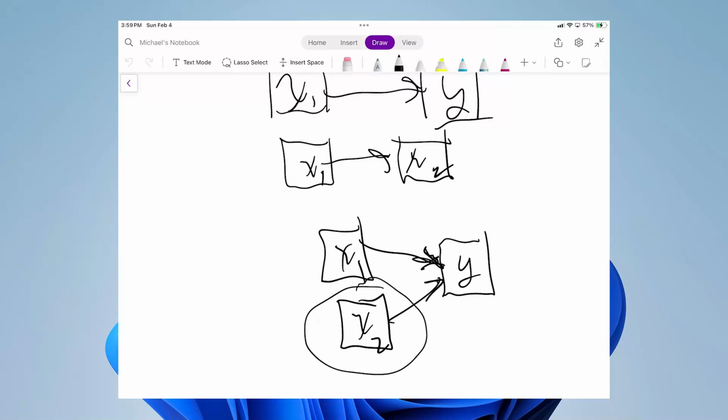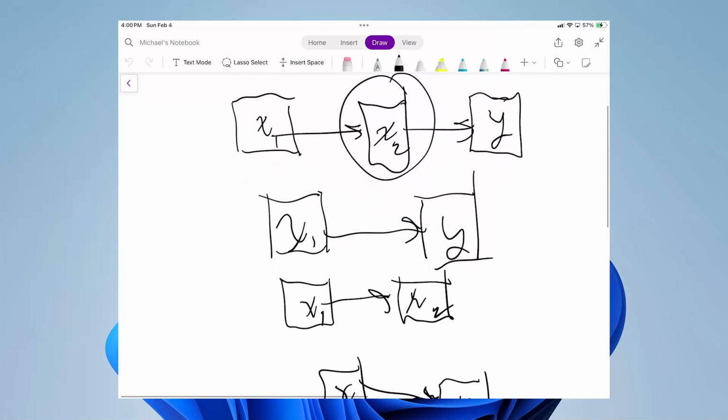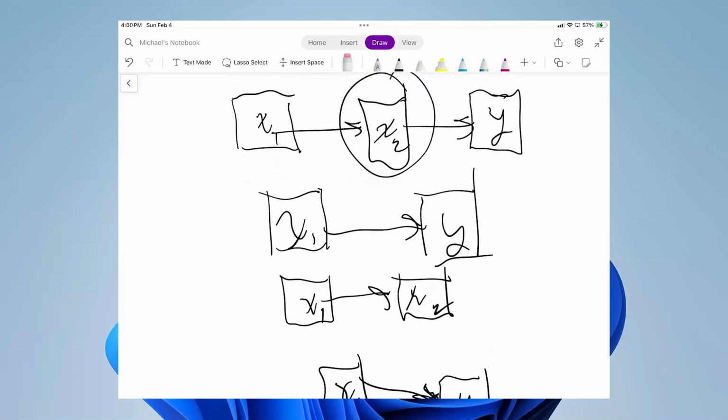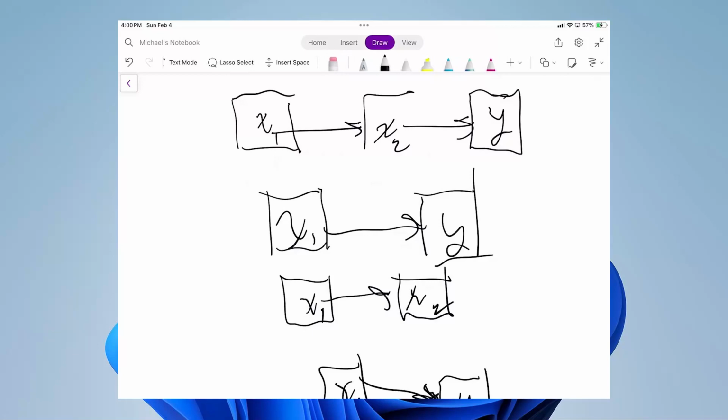So when x1 is in the equation with x2, looking at this potential chain, we start out with x1 influencing y, but we want to know that when x2 gets involved, something here is weakened because x2 becomes an explanation for the link to y.